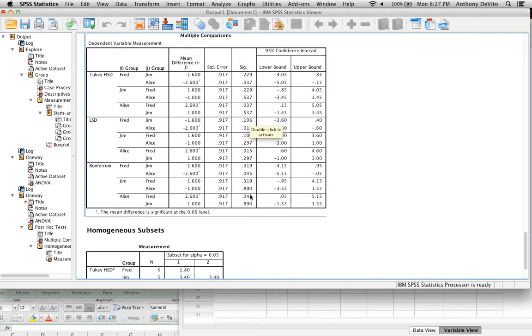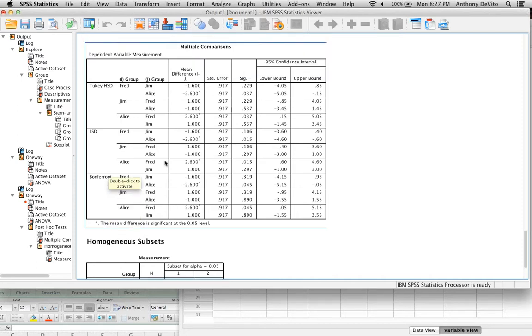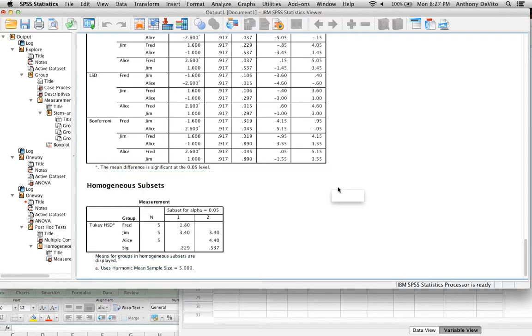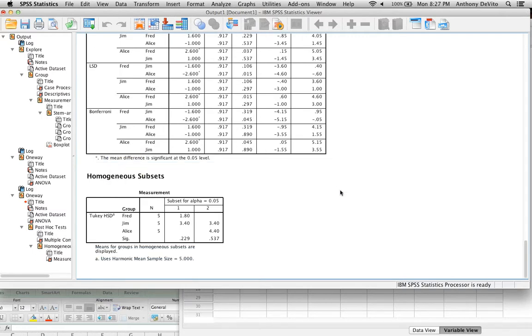We almost missed being able to say that they were different at alpha equals 0.05, because this happens to be a more conservative test, right? You were right, absolutely right. Yep, it's the closest to missing rejecting the null hypothesis. It was the largest p-value, right?